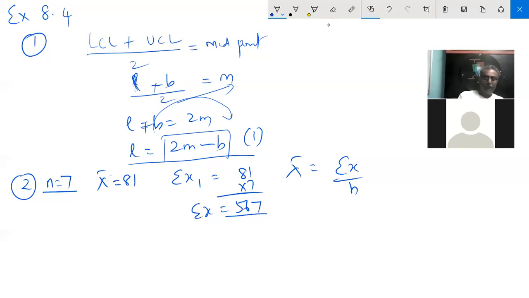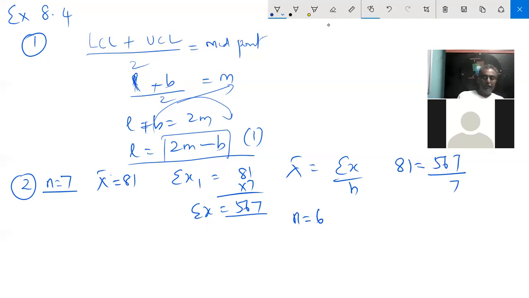If one of the numbers is discarded, the mean of 7 numbers is 81. So 81 is equal to 567 divided by n, that is 7. Okay. Now, next, one of the numbers is discarded, then n is equal to 6.